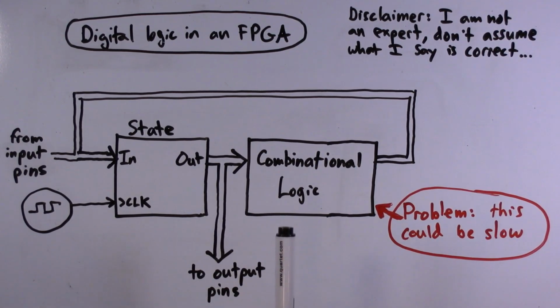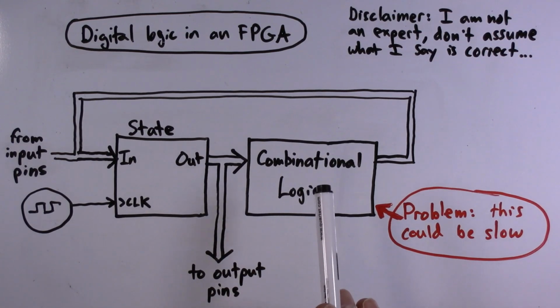All right, so here is what I think is the fundamental problem and the fundamental challenge of digital design for an FPGA, which is that this combinational logic essentially embodies all of the computation that we are doing in our design. It's taking our data, it's transforming it, it's adding, it's comparing, it's shifting, it's doing whatever operations we want to do on our data.